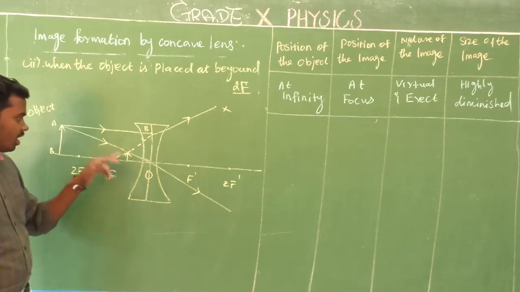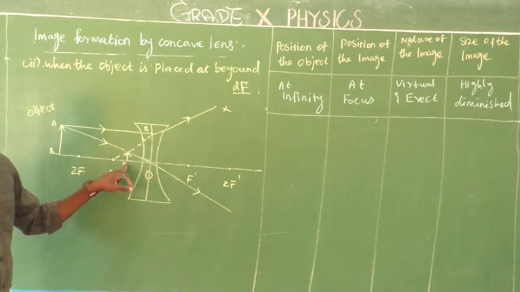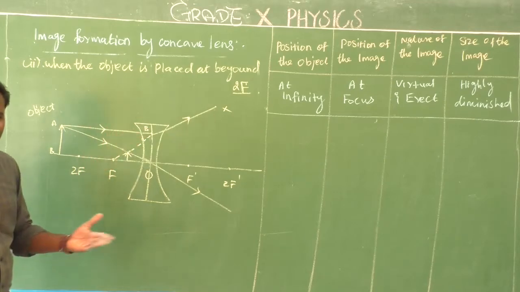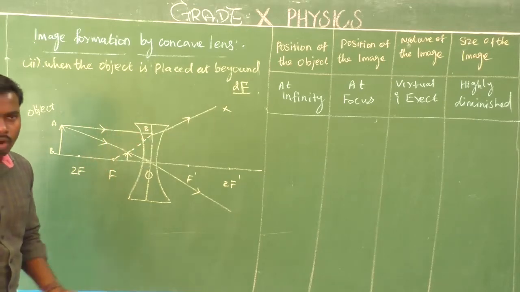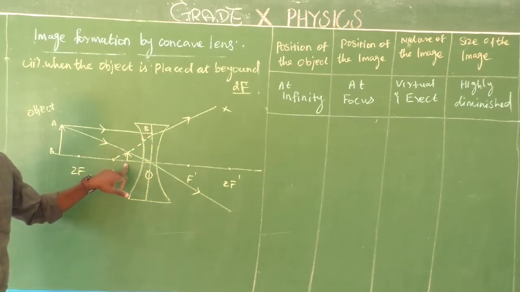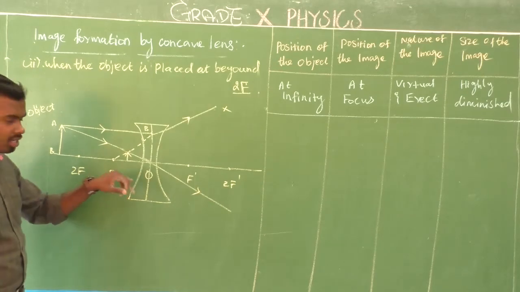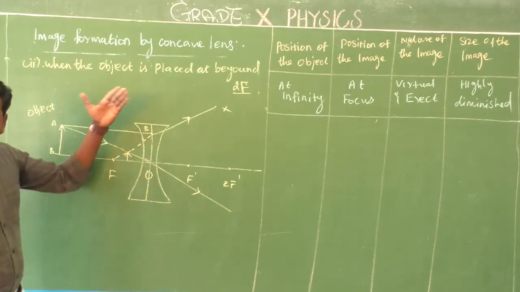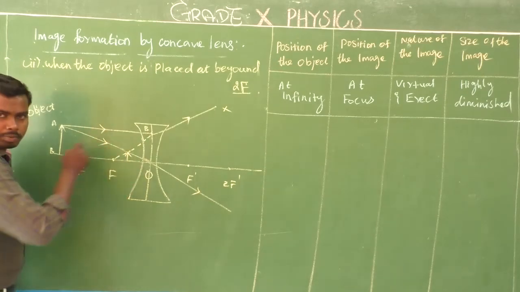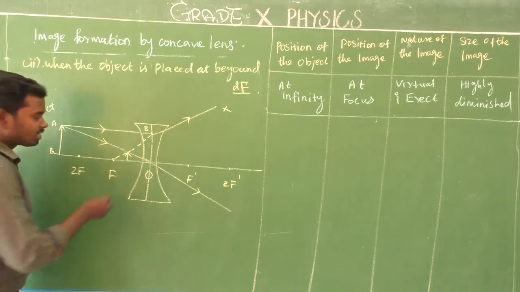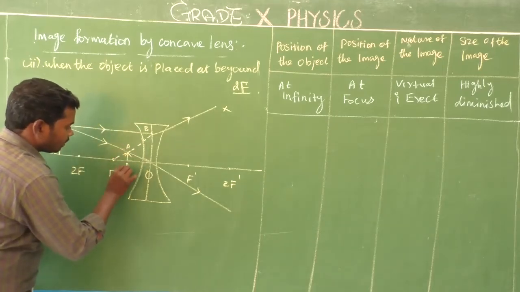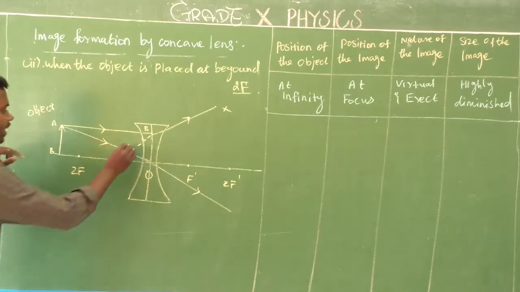Then what is the nature of this image? Whether it is a real image or virtual image? Just now I said this image is a virtual image. Why? Because here the image is formed above the principal axis. The size of the image is A dash B dash.